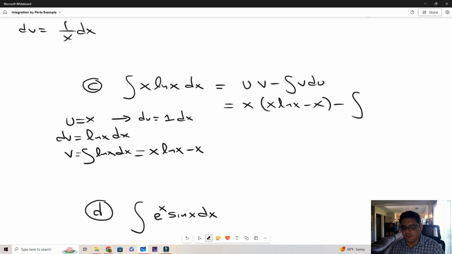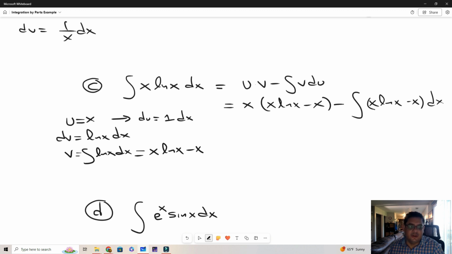Notice what's going to happen here. We get x log of x minus x, and then du is 1 dx, so we get this. So this is a failure of integration by parts, because the integral that we get here is much more complicated than what we had.